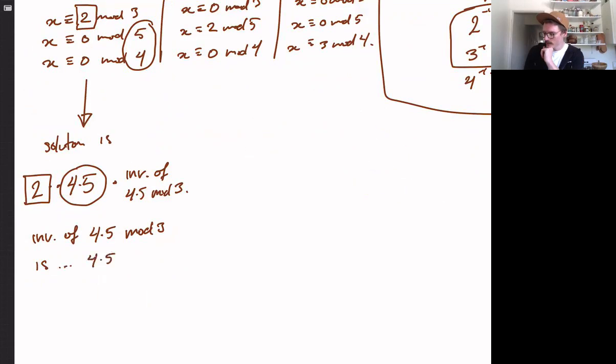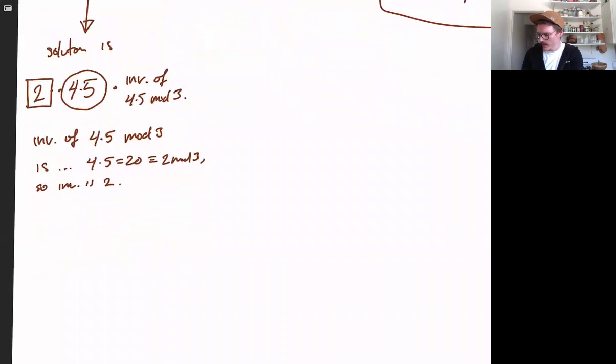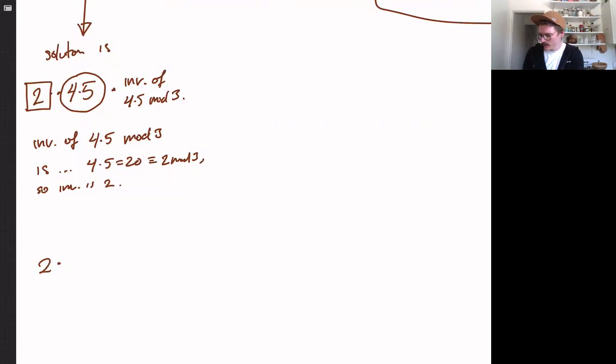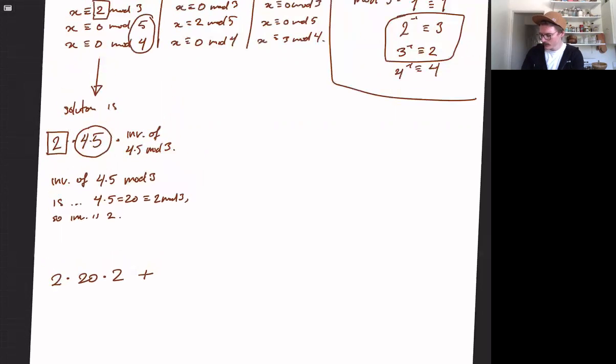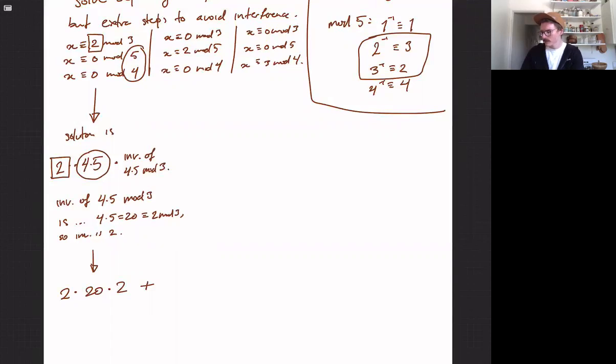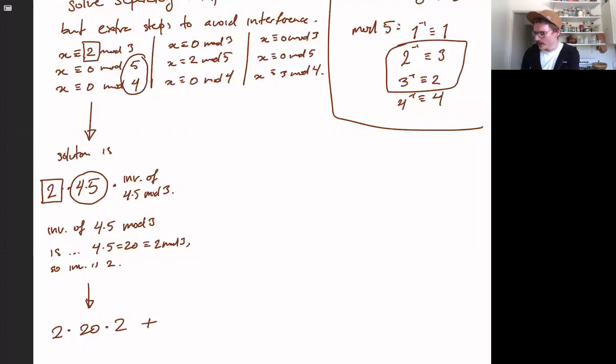So 4 times 5 is 20. And 18 is a multiple of 3, so this is 2 mod 3. So the inverse is 2. So from this term, we get 2 times 20 times 2. Okay, so for the other 2, let's not do all of that talking, but let's just say, what do we need to know?